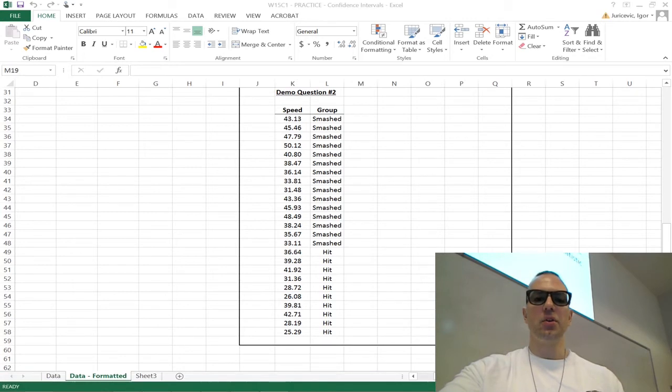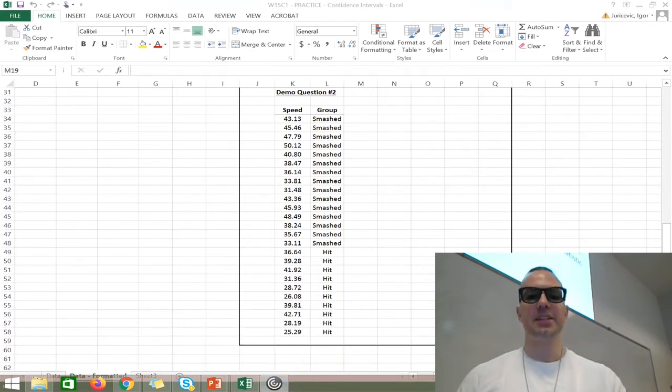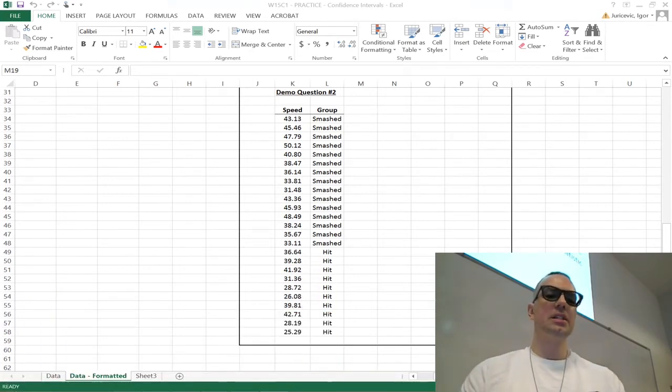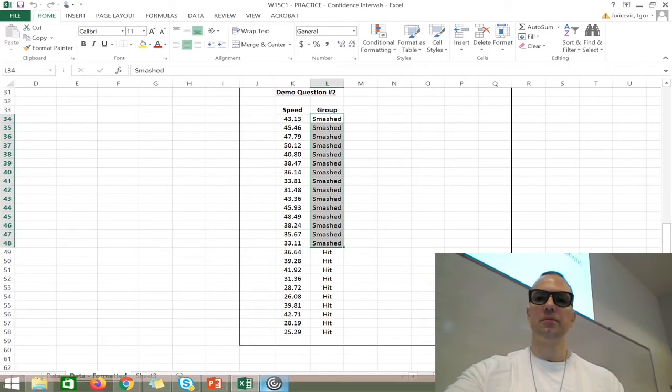So we just have to wait for my SPSS to fire up. And then we can just take this and copy and paste it directly. And notice once again that we have each subject on an individual row, and we have the speed estimates in one column, and then the group names, which are smashed and hit, in the other column.